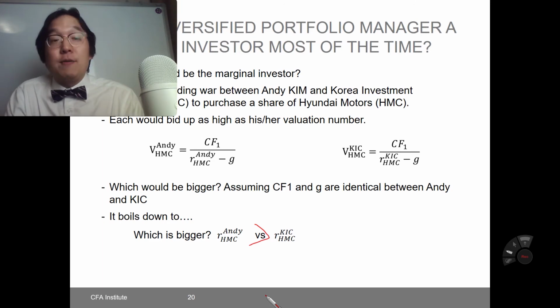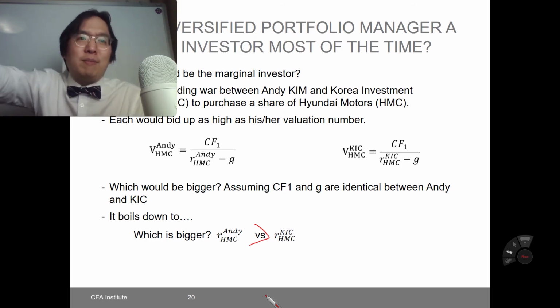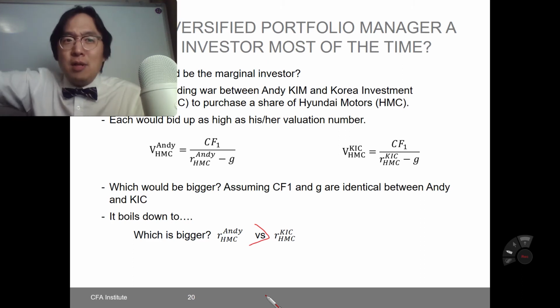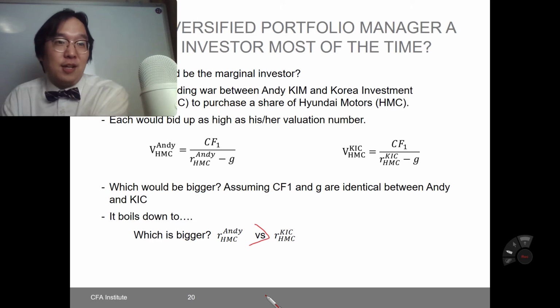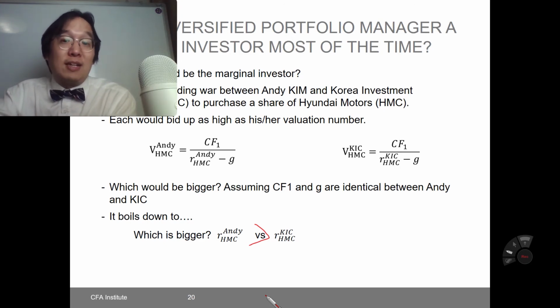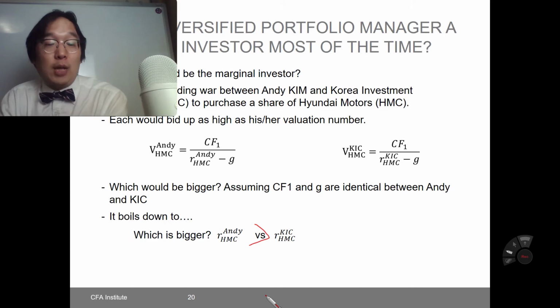For KIC, Hyundai Motor is just one of the many. If they screw it up, the other component stocks will compensate, and my portfolio balances each other out somehow. Or the damage will be minimal at least.